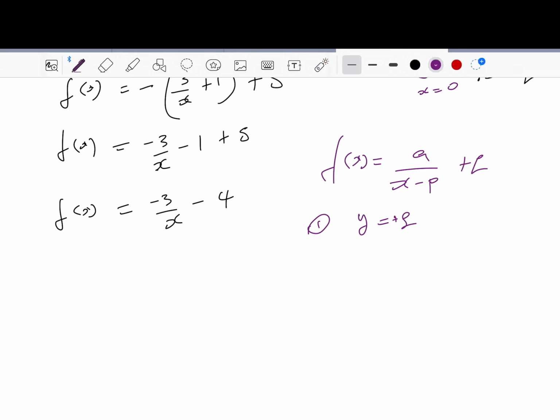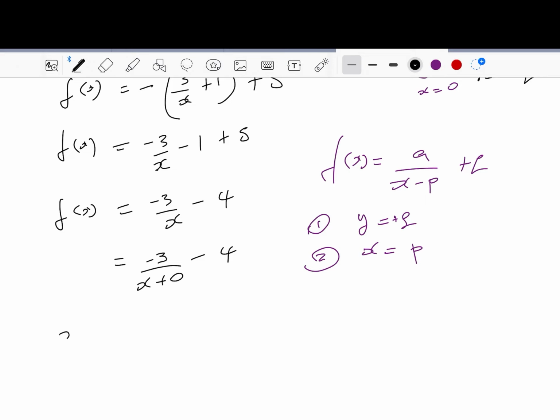And then our vertical asymptote is x equal to positive p. So if this was positive p, this is going to be negative p. That's the difference. So using that information, looking at this one, you already see this is negative 3 over x minus 0 or plus 0, it doesn't matter what it is.